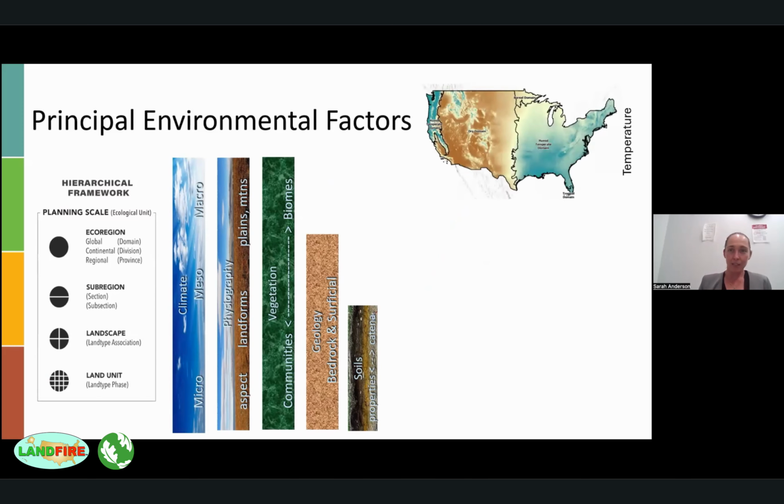And as we look at the very broadest of scales with our domains, it's really ultimately temperature and those global or continental scale precipitation patterns. And so you can see here, these are our main domains across the conterminous US. There's only 4, predominantly 2, and how temperature really distinguishes between domains and also precipitation.